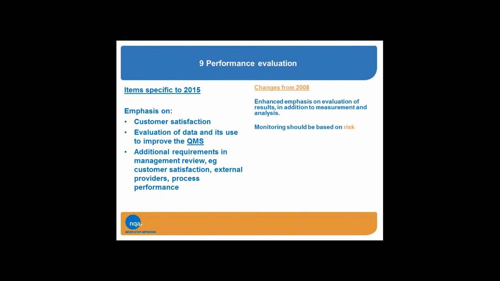And monitoring should be based on risk, and I'll say a little bit more about risk in a moment because this is an important addition or enhancement to the 2015 standards. And when we look at customer feedback, customer perception, the 2015 standard now says this should include soliciting perceptions about the organization as well as its products and services.